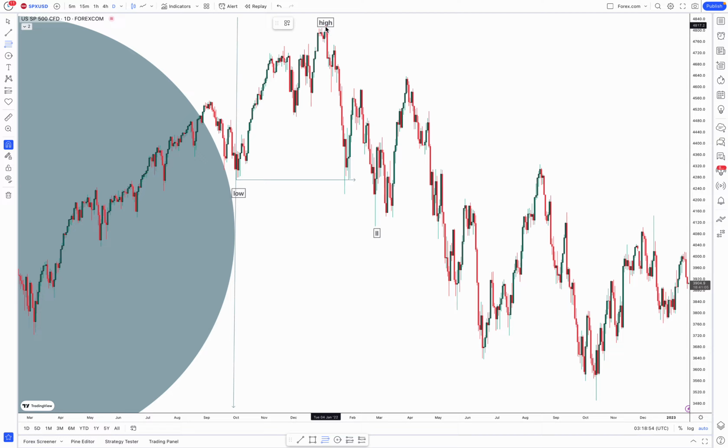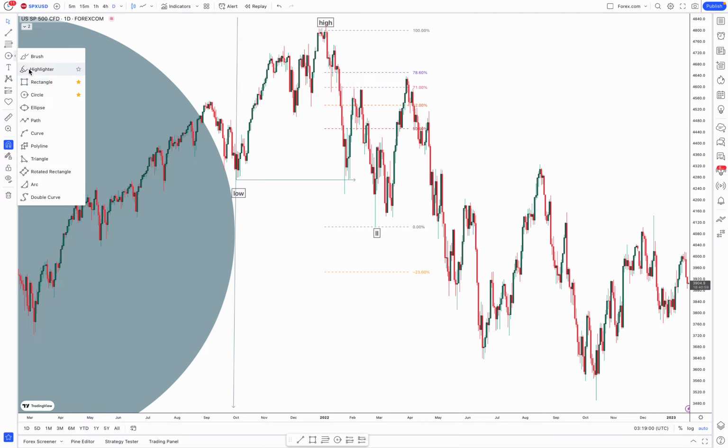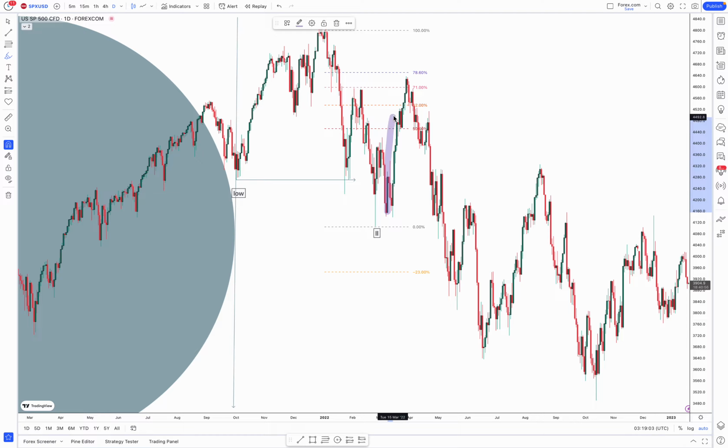We're going to use our Fibonacci to establish if this retracement over here, the highlighted area, is of significance. It reached beyond the 50% and almost hit the 71% area.